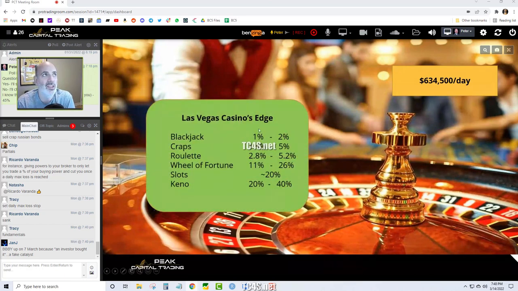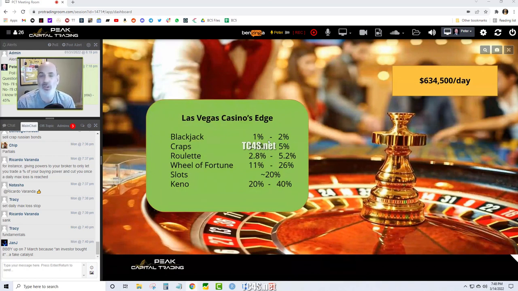Here is the Las Vegas casino's edge on each one of these games. So they know that over the long run, blackjack: for every $1 million that people plunk down on the table of blackjack, the house will get to keep 1 to 2% of that $1 million, right? So that's 10 to 20,000.